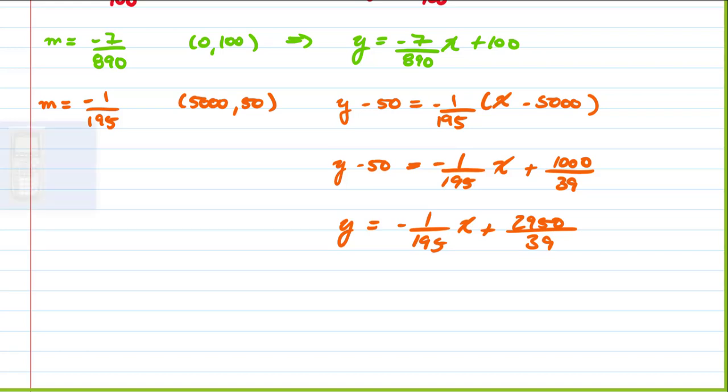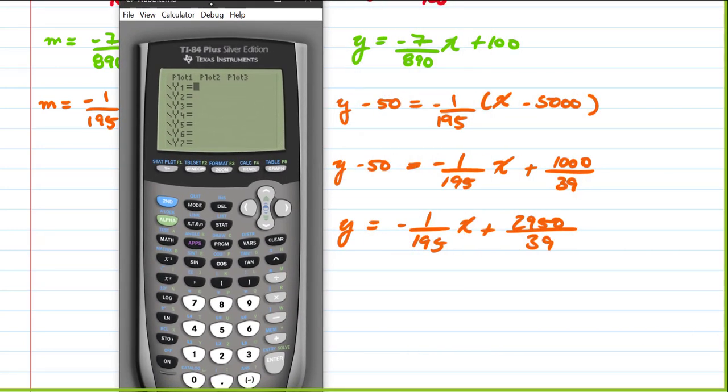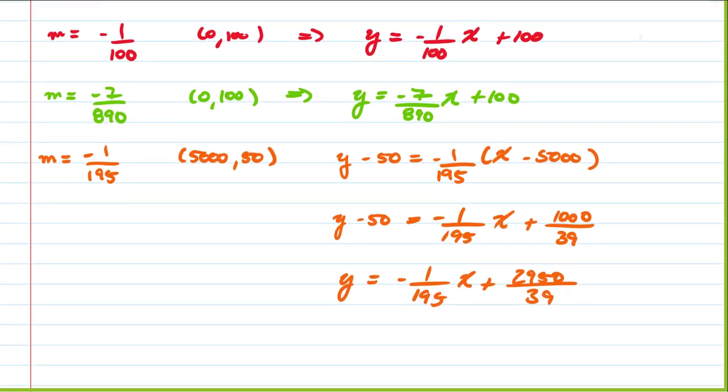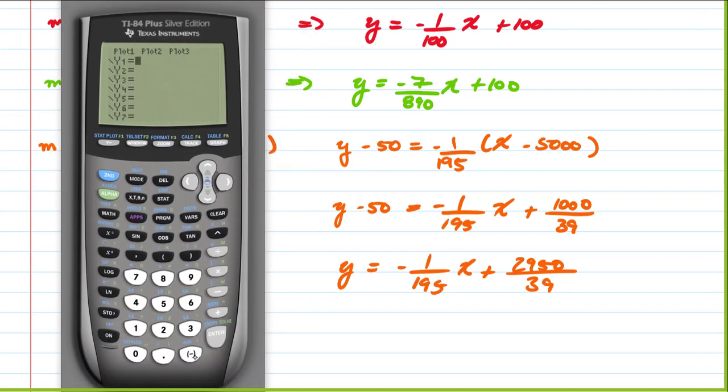So let's go ahead and put each of these into our graphing device and see what we get. Our first one is negative 1 over 100 x plus 100.